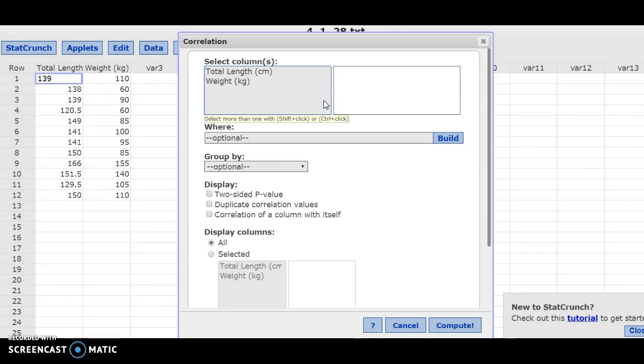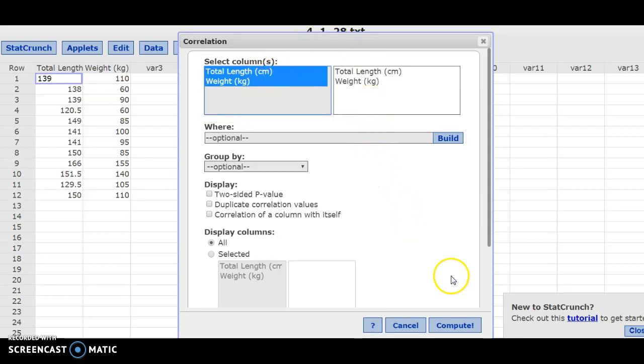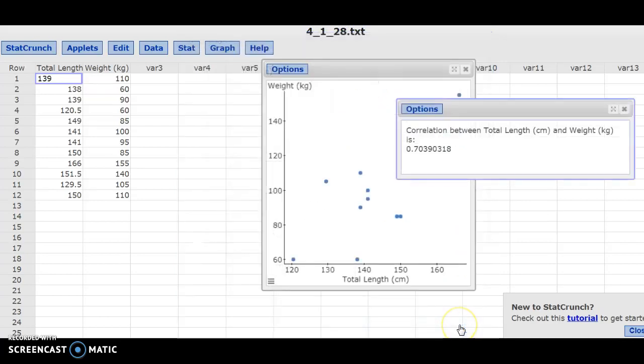You can tell by just looking over the examples in the book that those are very time-consuming computations. In fact, most of the time, unless there's just several data points, it's not really worth your time to go through those in practicality. So go ahead and select both of your columns and compute.